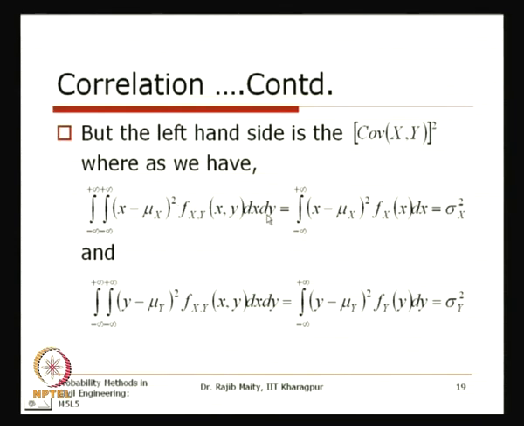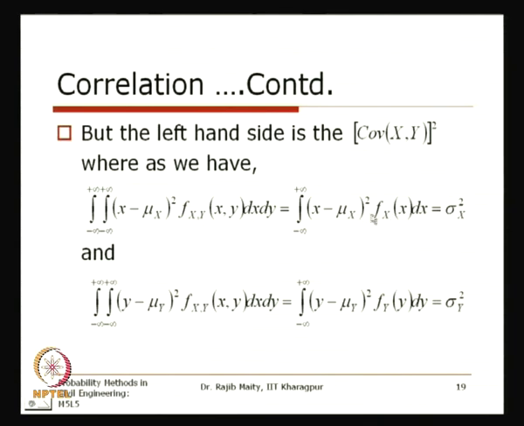Because this is with respect to x, we first take the integration over the entire support of y, so the y-part can be taken out of this integration. What remains within the integration is the joint density integrated from minus infinity to plus infinity with respect to y. That means y is marginalized out, and what is left is the marginal density of x.